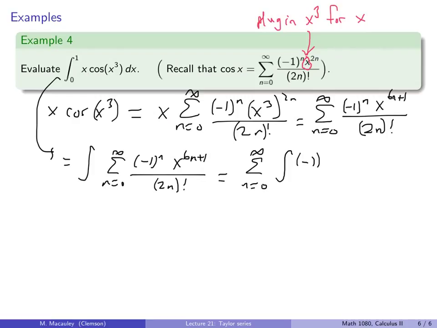So let's integrate term by term. x to the 6n plus 1 over (2n) factorial.